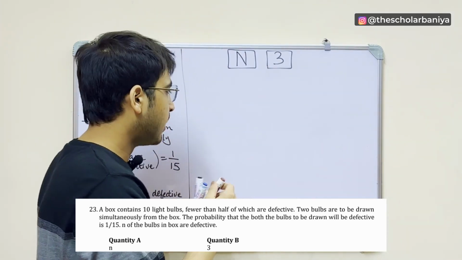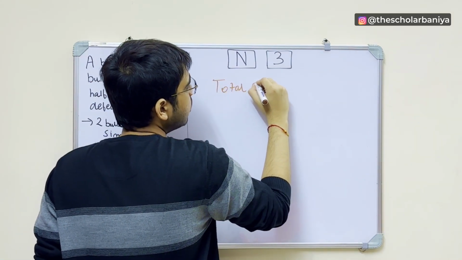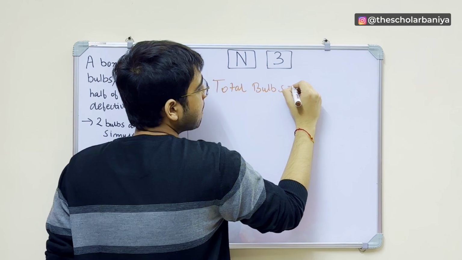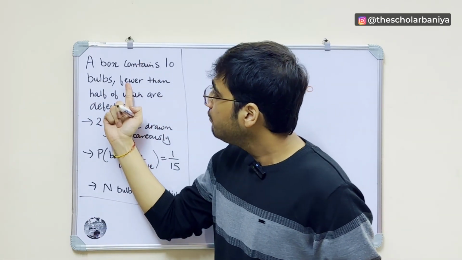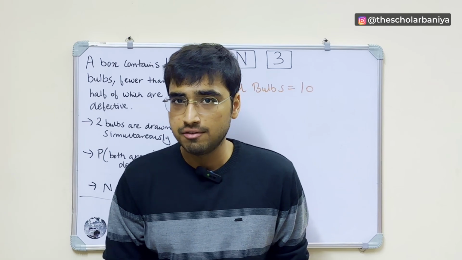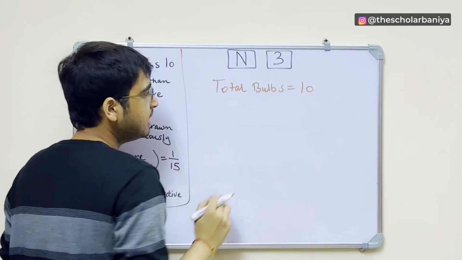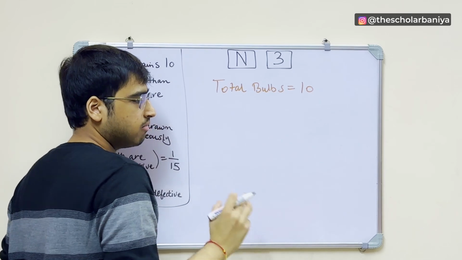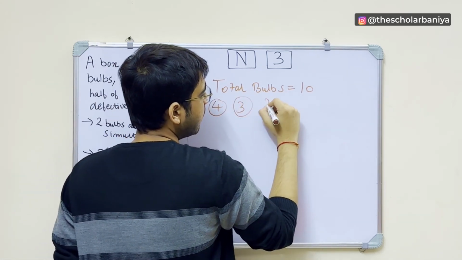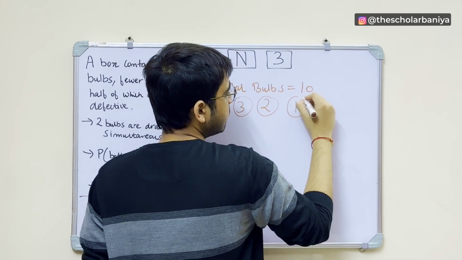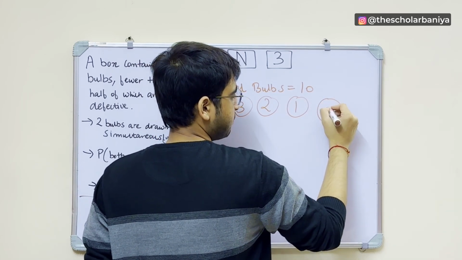So firstly, tell me one thing. Total bulbs are how many? Total bulbs is equal to 10, right? And we know that fewer than half of them are defective. So what does fewer than half of them mean? It means either 4 are defective, 3 are defective, 2 are defective, 1 is defective, or there is no defective bulb in the entire lot.